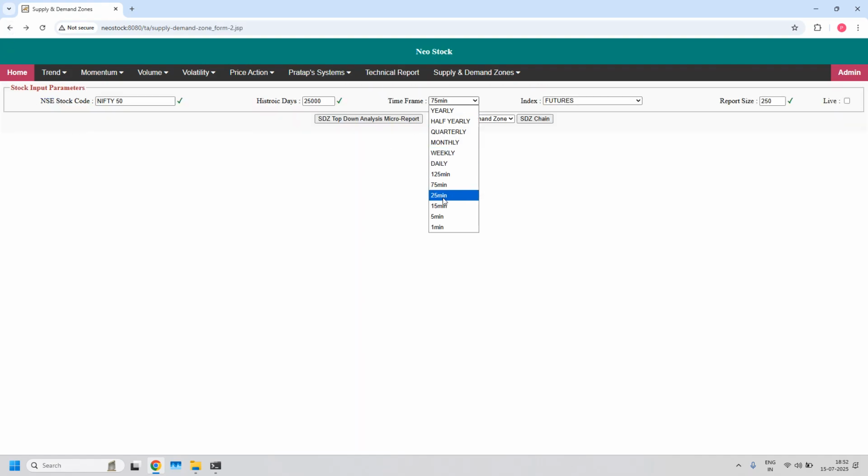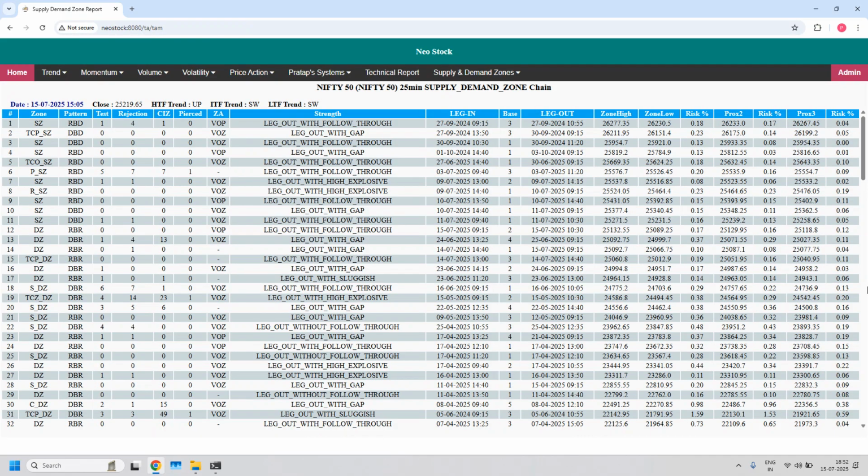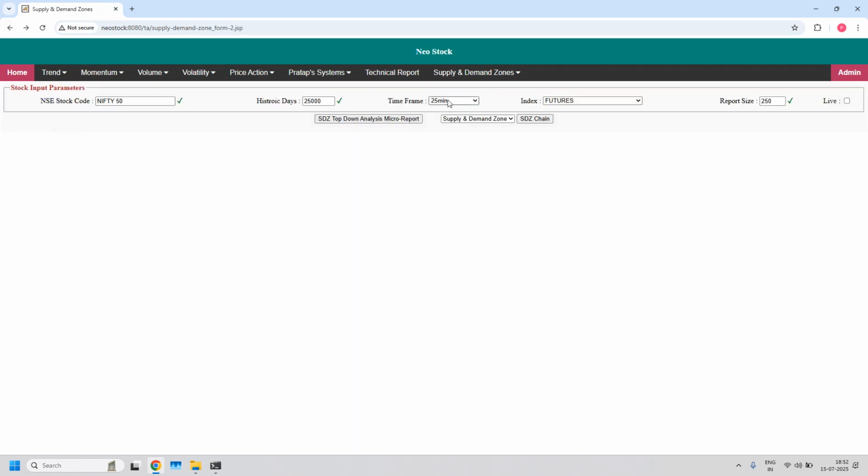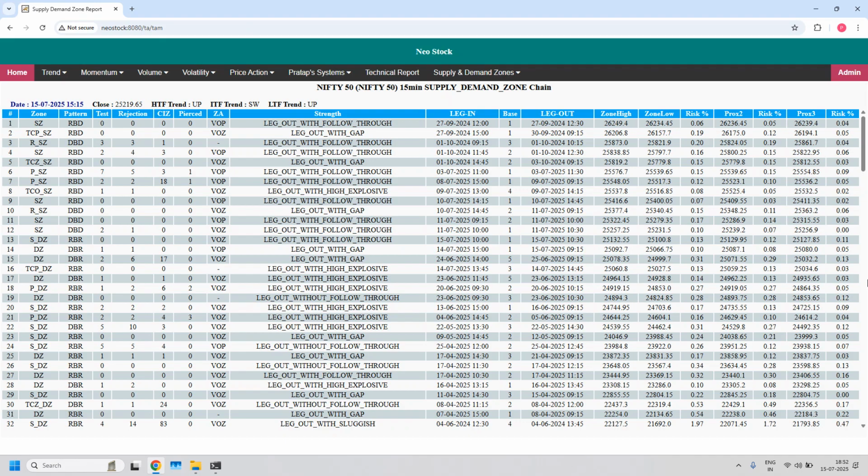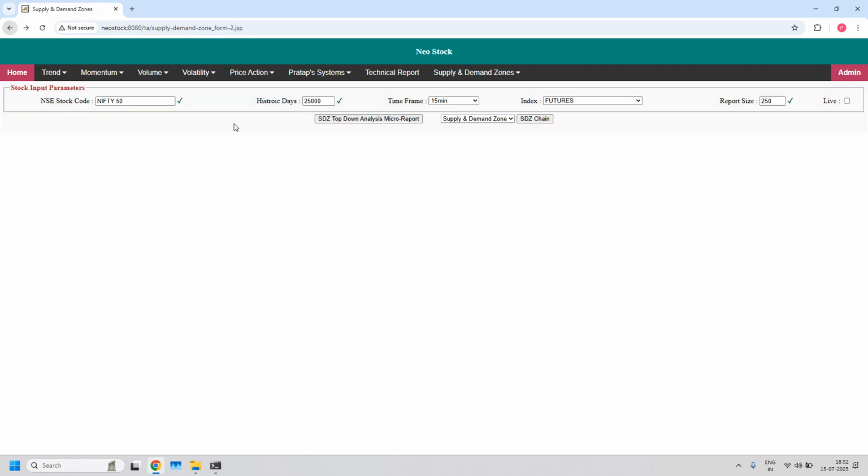Next, 25 minutes supply demand zone chain for NIFTY. Next, 15 minutes supply demand zone chain for NIFTY. Next, 5 minutes supply demand zone chain for NIFTY.